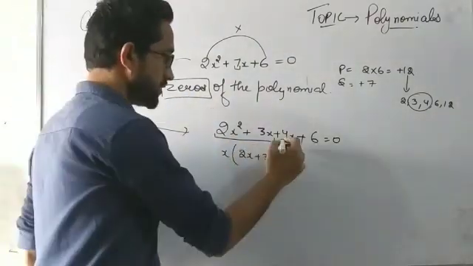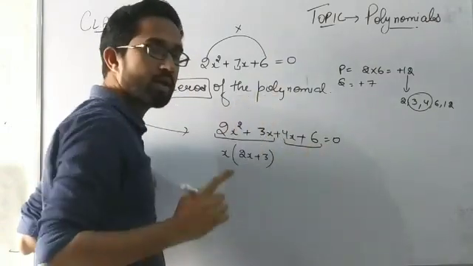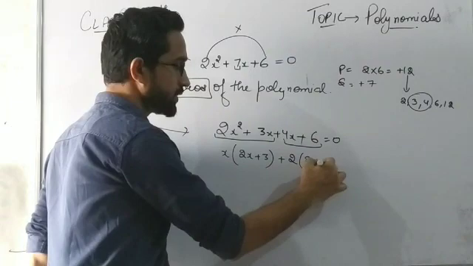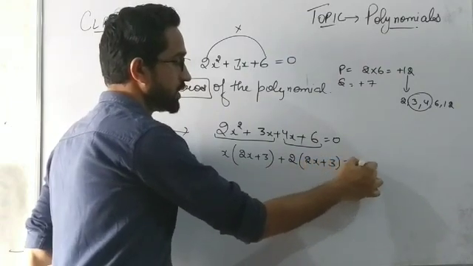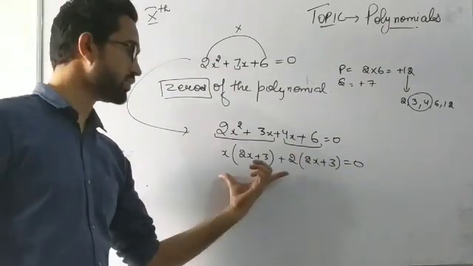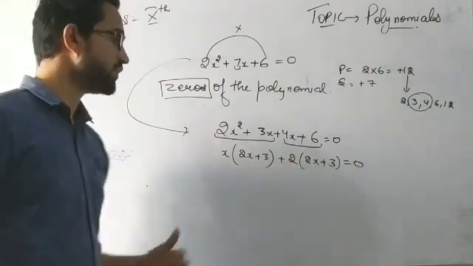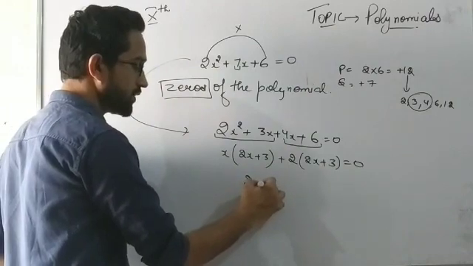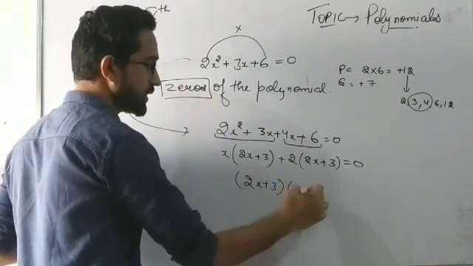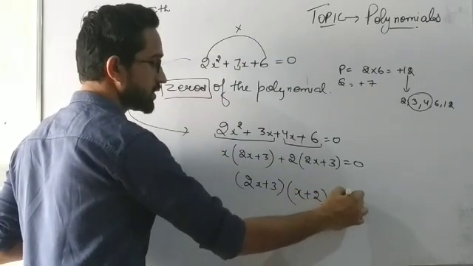Here only 2 can be taken common from these two. So if I take 2 common, it will be 2x plus 3 inside. So you can see 2x plus 3 is common in these two terms. We can take it outside. It will be 2x plus 3, here it will be left x, and here plus 2, is equal to 0.